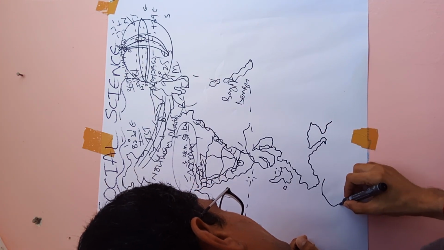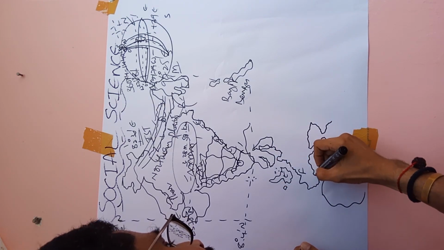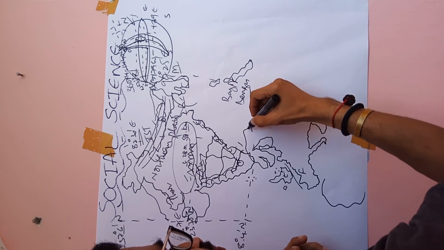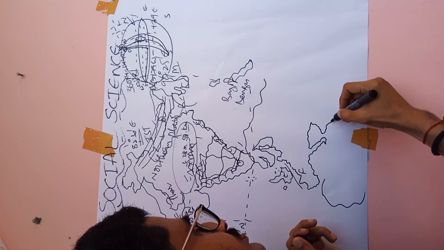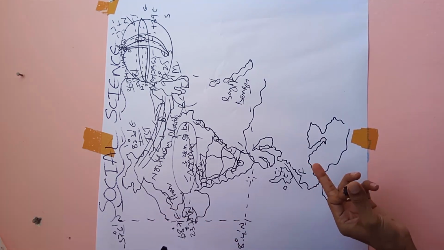This is Africa. Here France is there. This is England. This is the English Channel. This is Africa. This is the Mediterranean Sea.